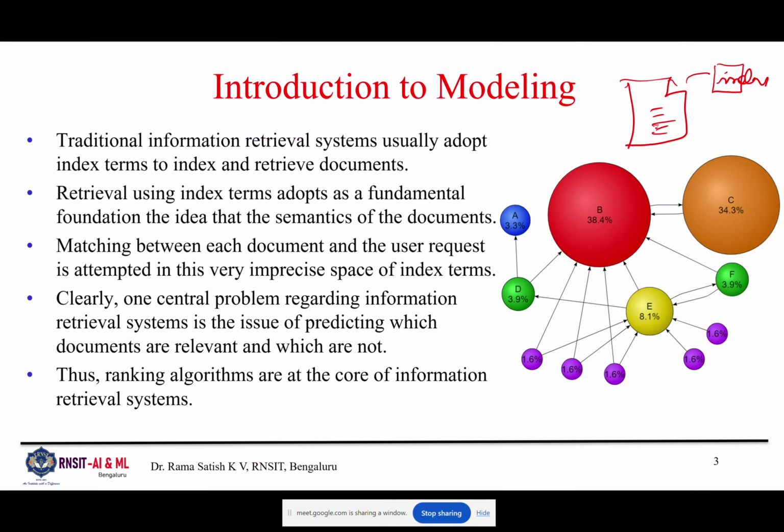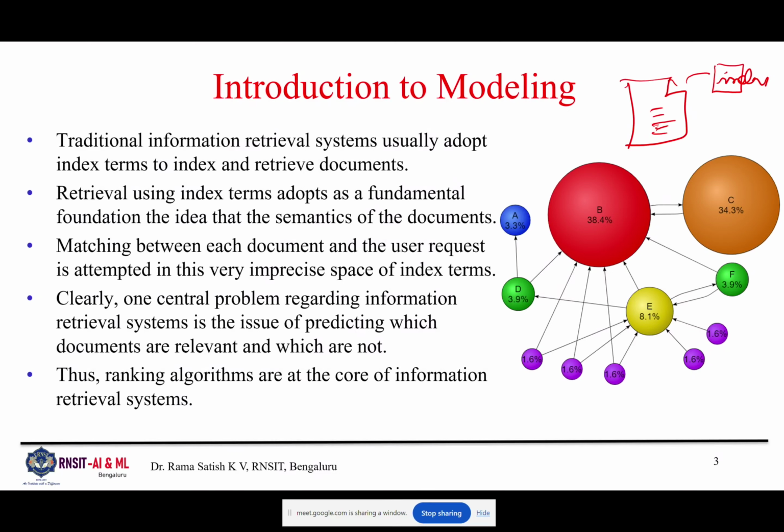So clearly, this is a considerable oversimplification of the problem, because a lot of the semantics in the document or user request is lost when we replace its text with some set of words. Moreover, matching between each document and the user request is attempted in this very imprecise space of index terms.